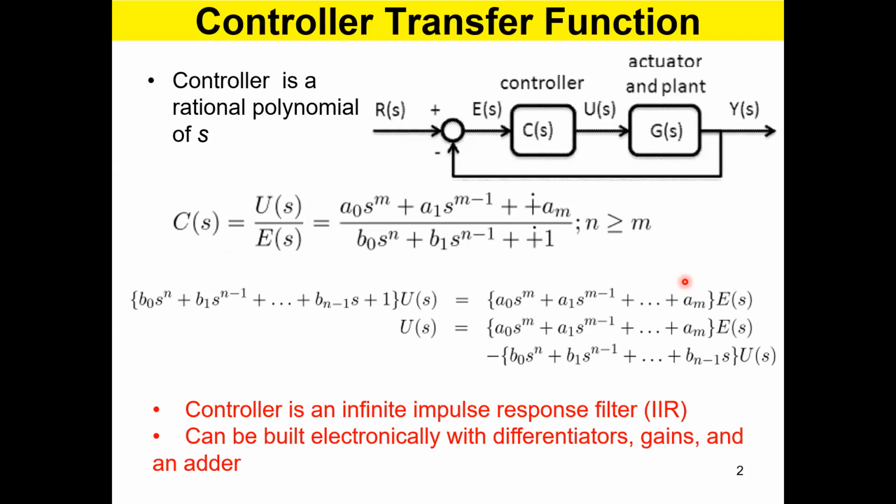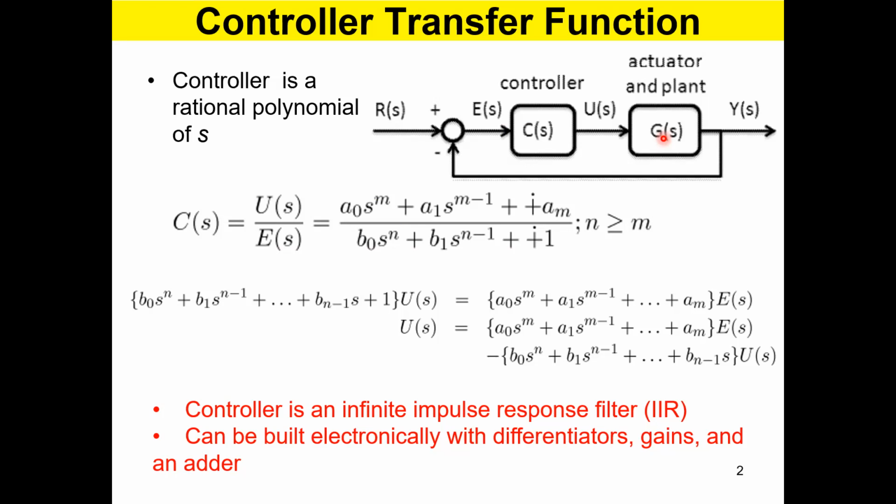Now let's look at a control system. Here you can see the actuator and a plant. I actually put them together. For some of you who may still have confusion with this one, I would say this.